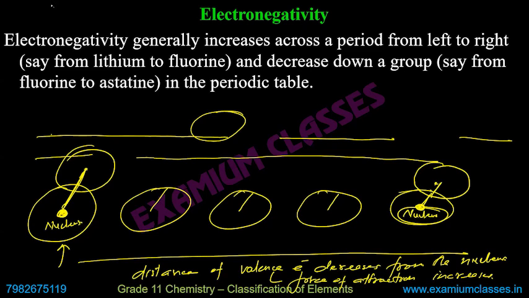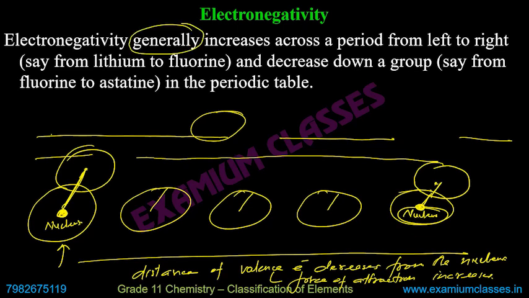Along with the exceptions I told you, due to fully filled and half filled configurations, those exceptions will be there. What I am talking about is the general trend. The exceptions, yes, we will talk about. So that's why in the definition itself, it is written generally.